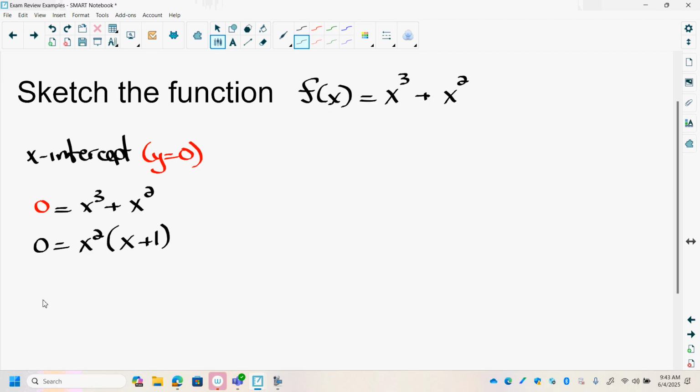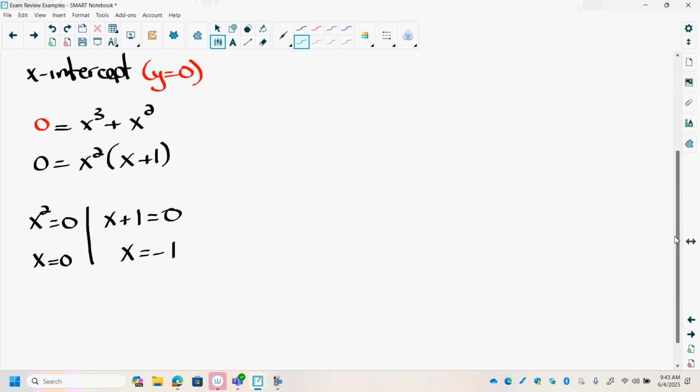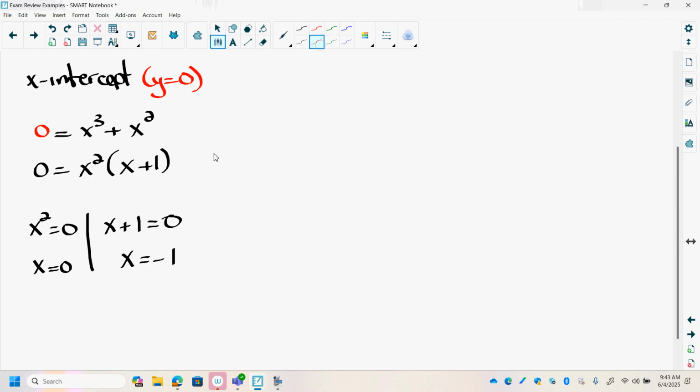Take each factor, the x squared, set it equal to 0, and the x plus 1, set that equal to 0, and you end up with x equals 0 and x equals negative 1. So there are two x-intercepts. One at 0, 0, and one at negative 1, 0. Everyone okay with that?